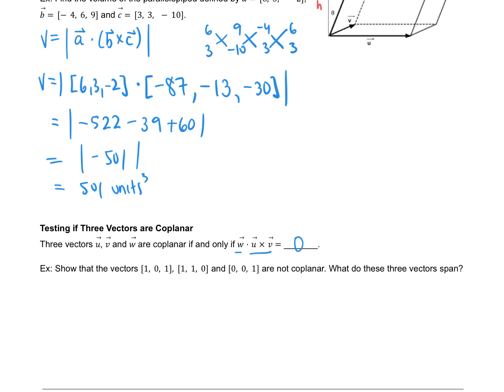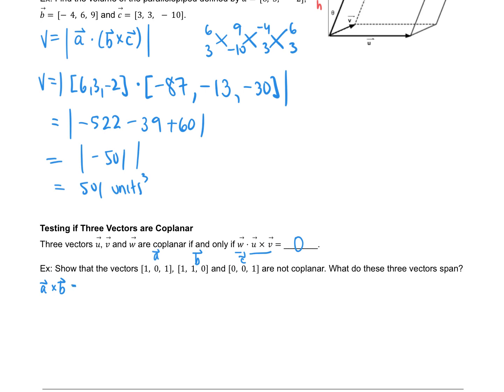So let's test it out. Show that the vectors 1, 0, 1, 1, 1, 0, and 0, 0, 1 are not coplanar. And what do these three vectors span? Okay, so I'm just going to say this is vector A, this is vector B, this is vector C. I'm just going to take the cross product of the first two.